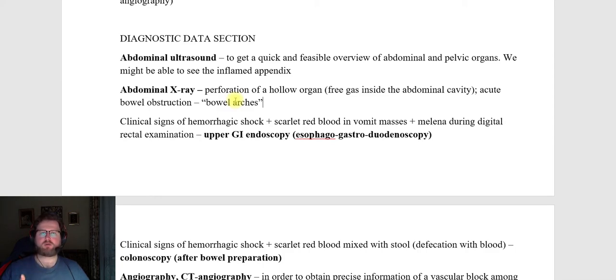And this may also give you all arguments to proceed to surgery in this patient.